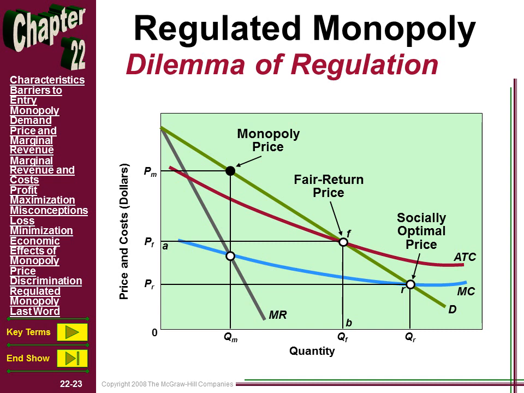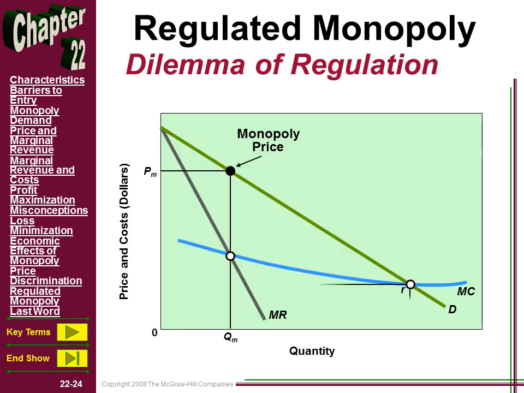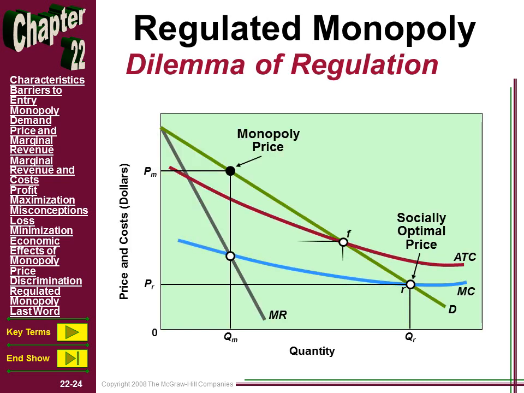Let's consider, instead of the socially optimal price, what we call the fair return price. Notice the fair return price is set where average total cost intersects with demand and price is set at PF, fair return. Now hopefully many of you are thinking of this as I was discussing the monopoly price, the socially optimal price, and the fair return price.